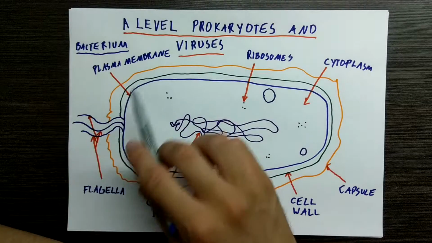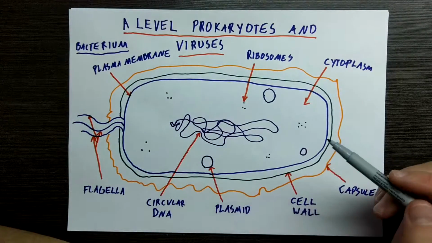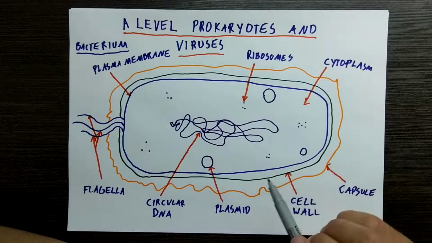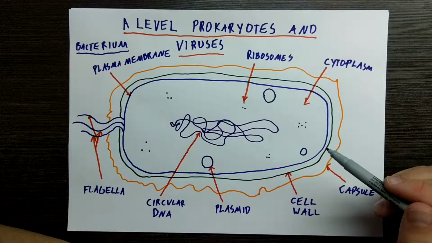So, first of all, we have a plasma membrane. It consists of proteins and lipids, so very similar to eukaryotic cells.